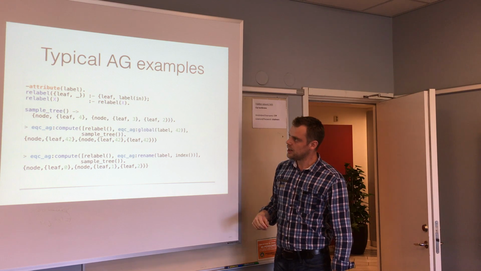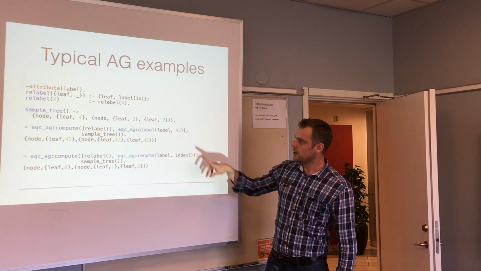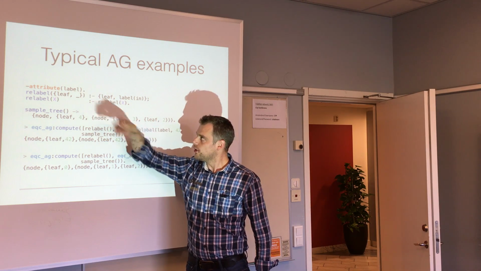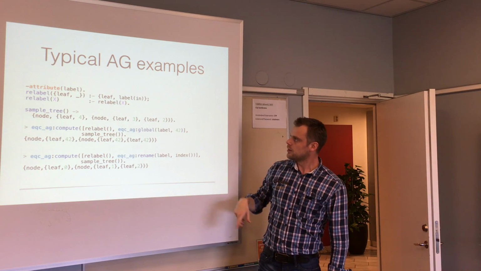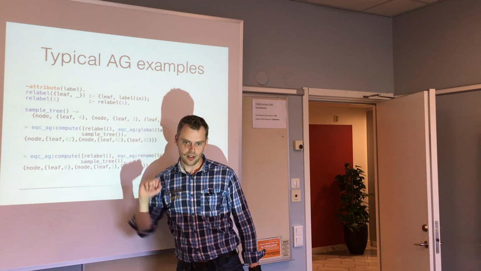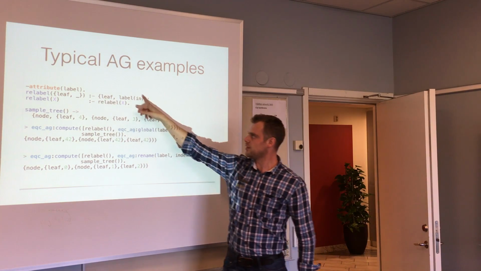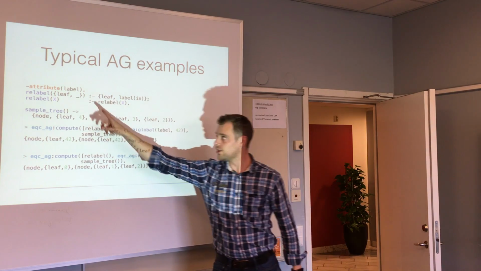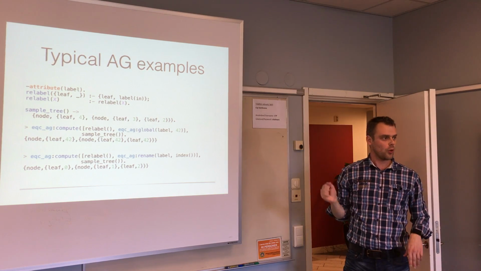Another feature that the attribute grammar system has is local attributes. We introduce a local attribute with this directive. Otherwise, the parse transform needs to know that this is not a function, but an attribute. And an attribute can come from somewhere else.